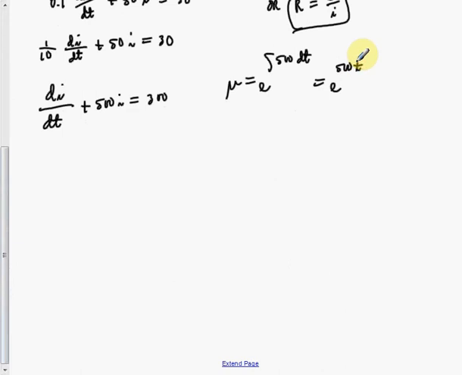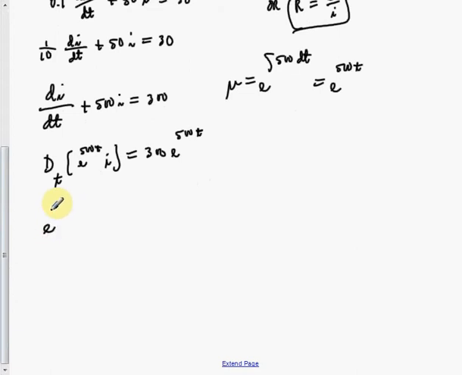So we multiply to the left and the right side the integrating factor. The left side is automatically the derivative of the product of the integrating factor e to the 500t and the dependent variable, which is I. That's equal to the right side times the integrating factor. Take the integral of both sides.